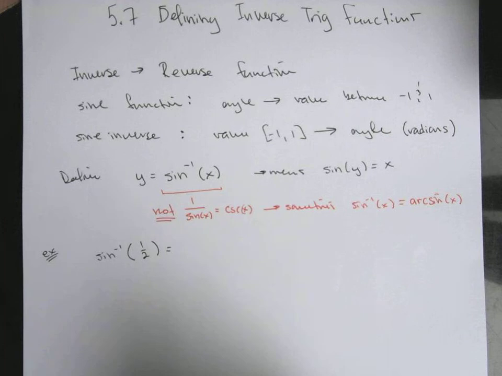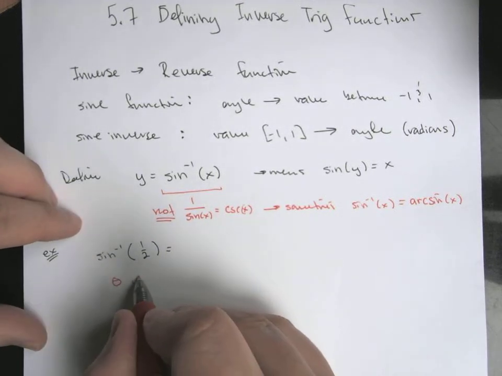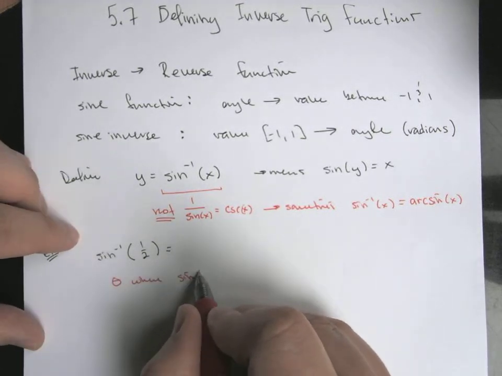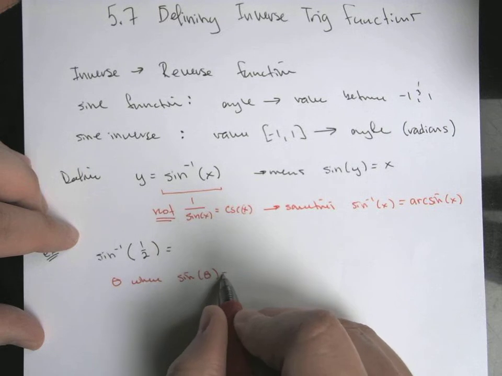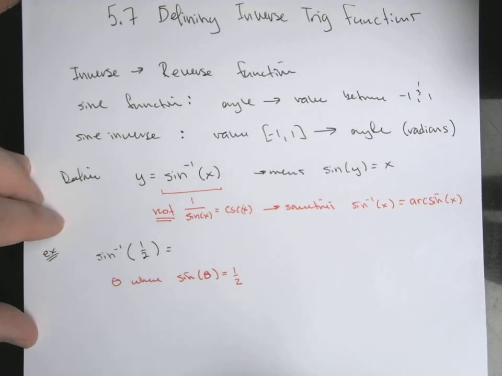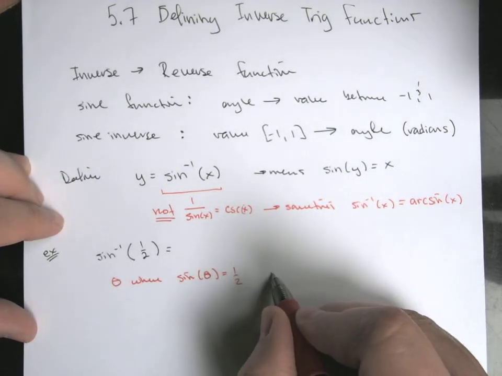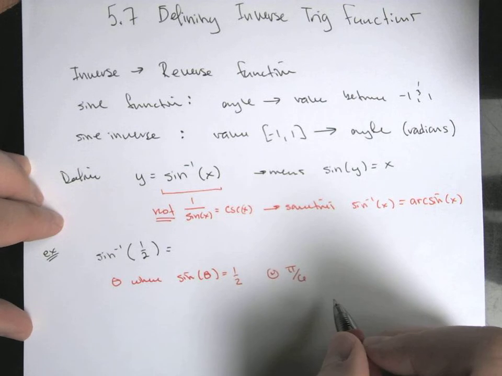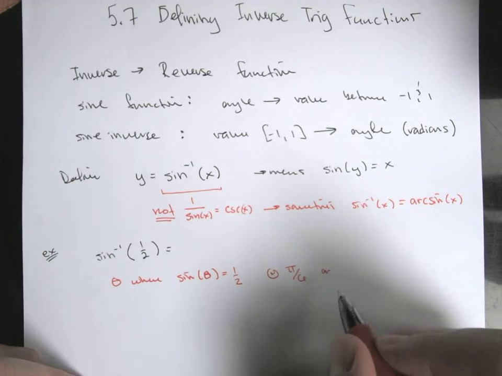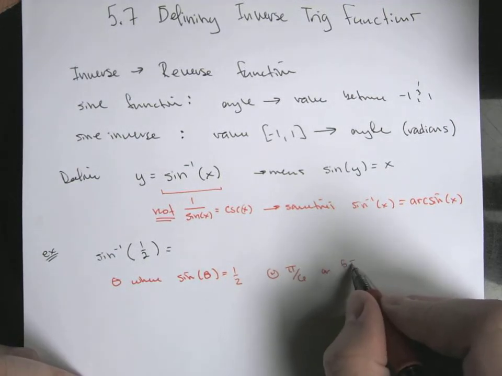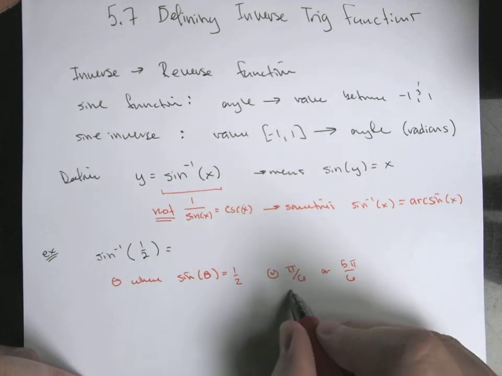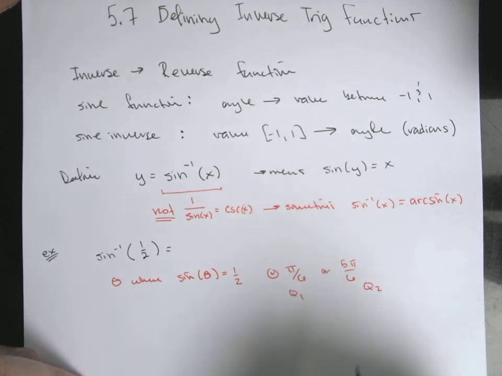So this is supposed to be the angle where sine of that angle equals +1/2. That's what we're really asking. And so this could happen at pi over 6, or it could happen at 5 pi over 6. So for a sine function, there are two different possibilities here. There's a quadrant 1 possibility or a quadrant 2 possibility.